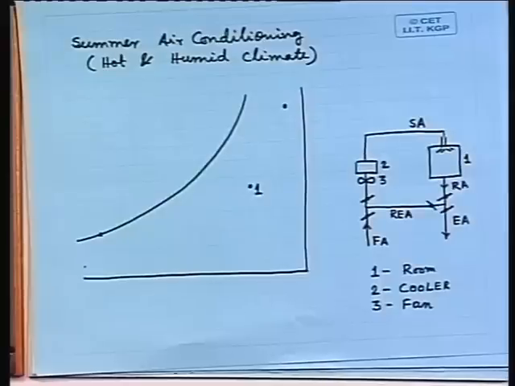If you remember, while I was describing this diagram, I told that it is the comfort condition. When we supply cold air to the room or to the conditioned space, we supply it at a very low temperature and at a very low humidity, low absolute humidity or low humidity ratio.